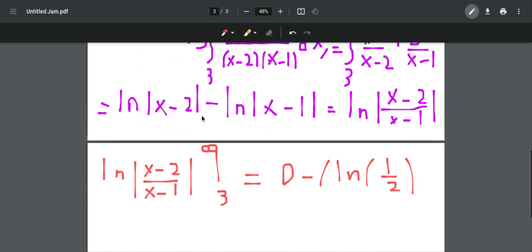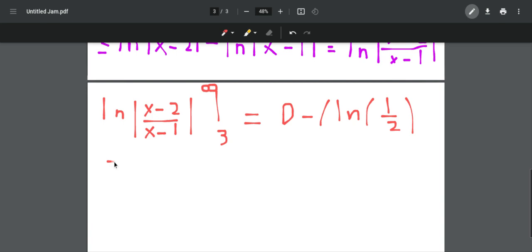For our final answer, because we had a 3 outside of this integral, we get negative 3 times natural log of 1 over 2. Because this integral goes to a finite value, the integral converges. So now we can make a conclusion.